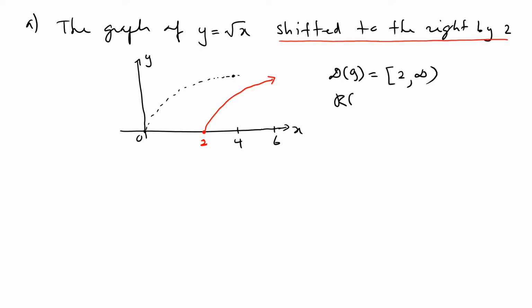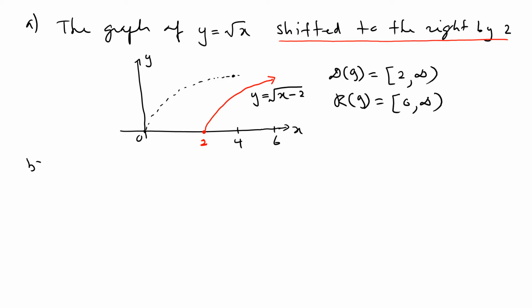Since this is an inside change, there is no change in the vertical direction. That means vertical values do not change, so the range stays the same because it's an inside change. So this is y equals square root of (x minus 2). Just move to the right.